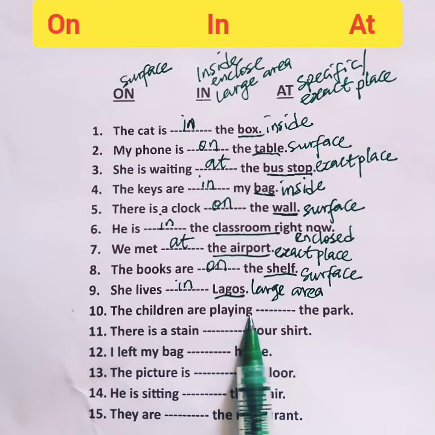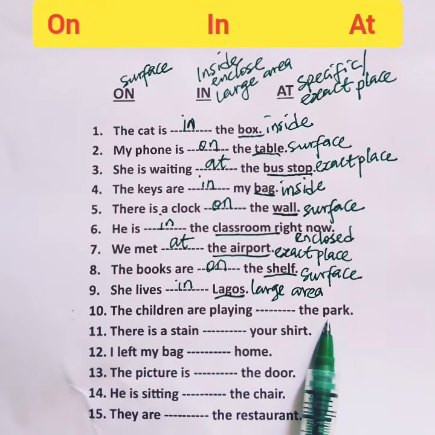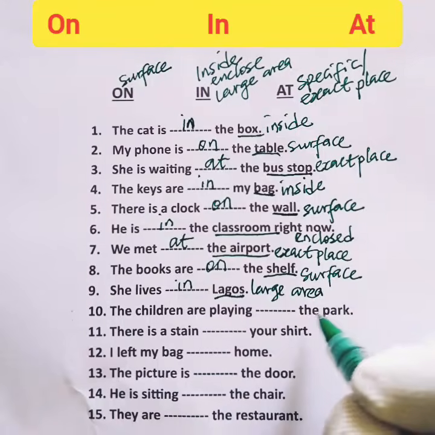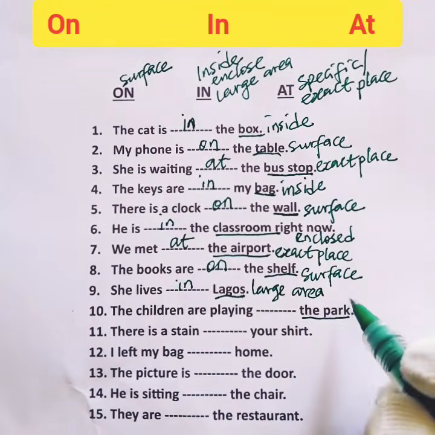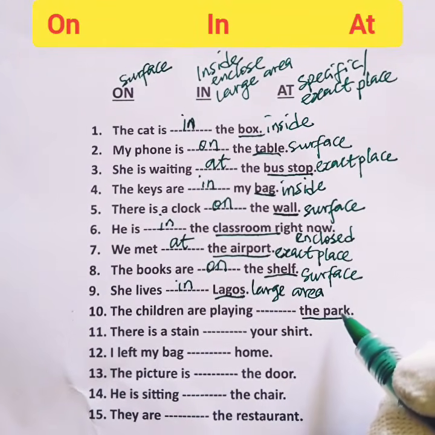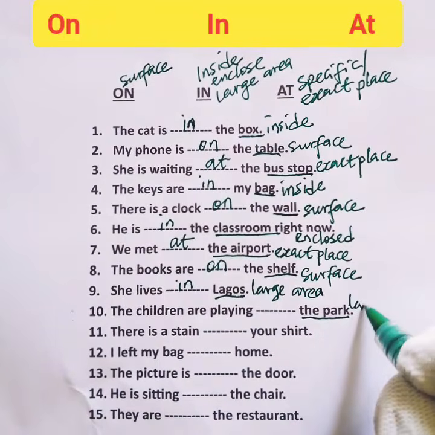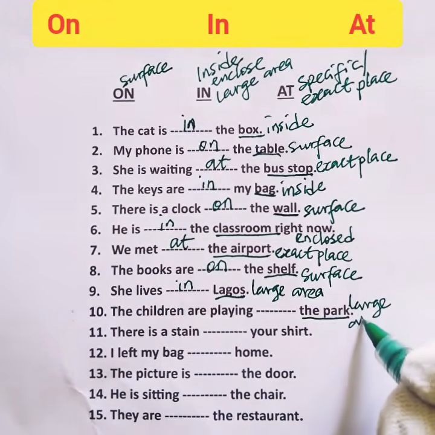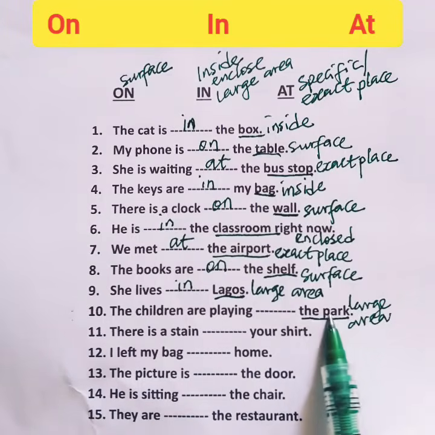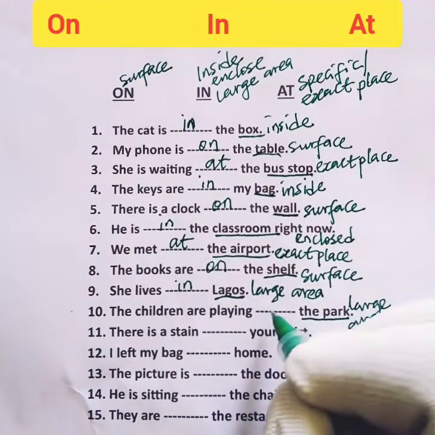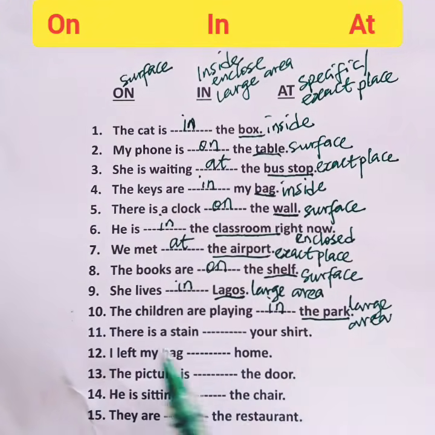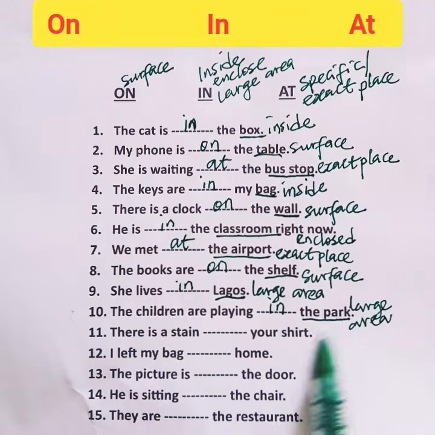The children are playing blank the park. This is a place, a large place where children can play. So this is a large area. So for large area, use in. The children are playing in the park.